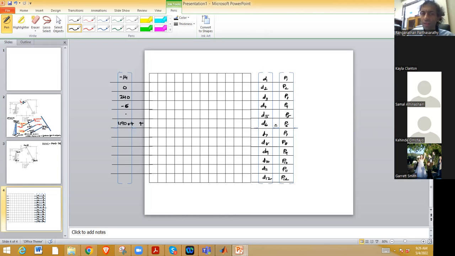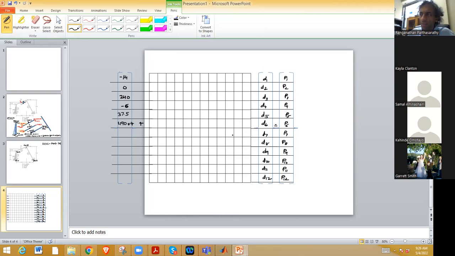Then no vertical forces, so 0. Oh, you do have vertical force from the second one. That is 37.5 going up. So that is fine.